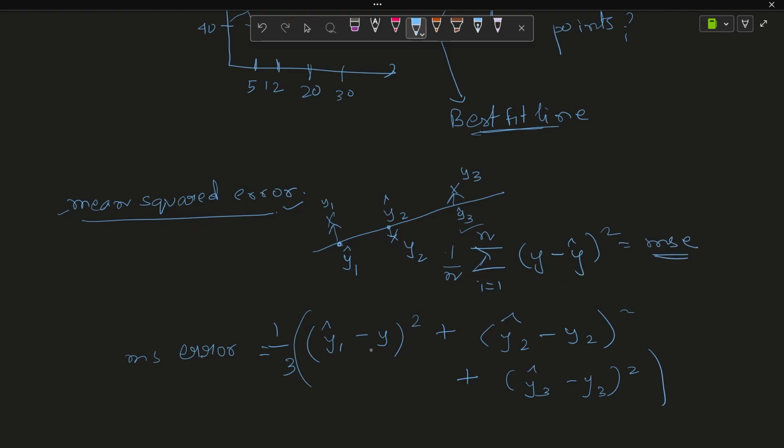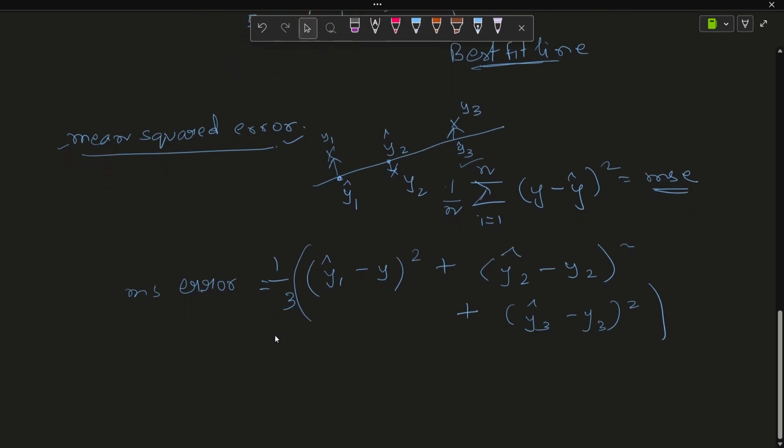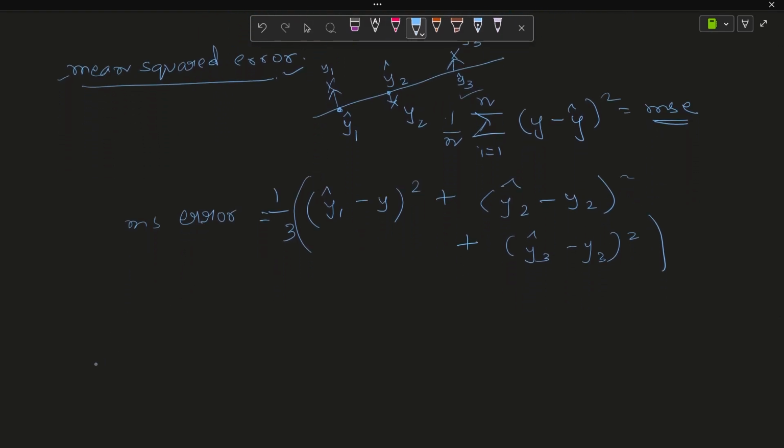And to find the best fit line, you have to play with two things. Remember, I said the straight line equation you already learned in your childhood. So what was that straight line equation? Equation of a straight line.